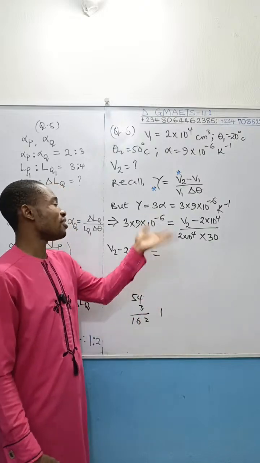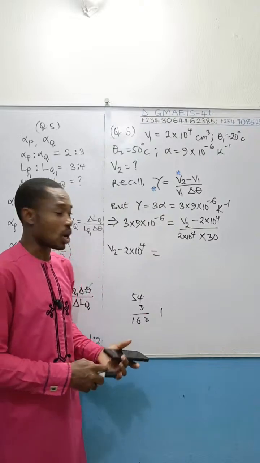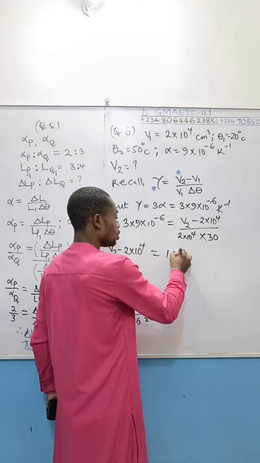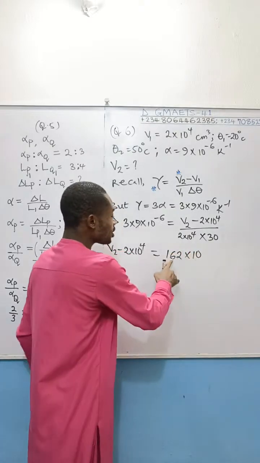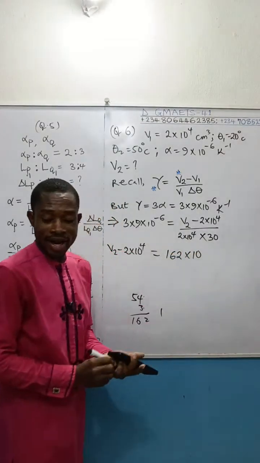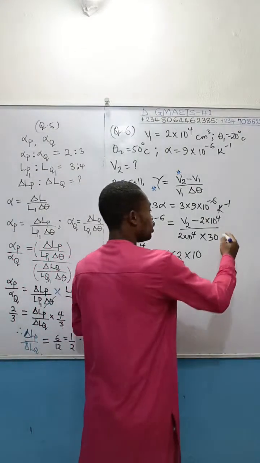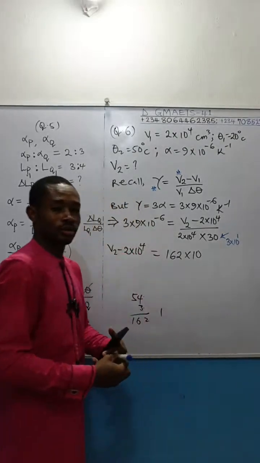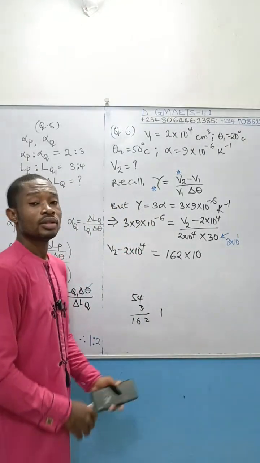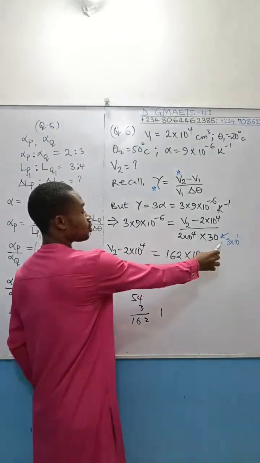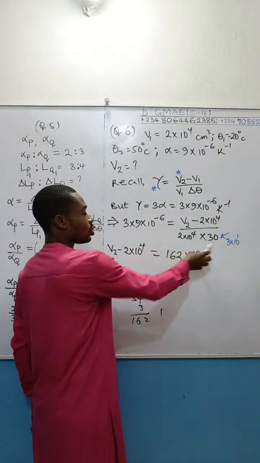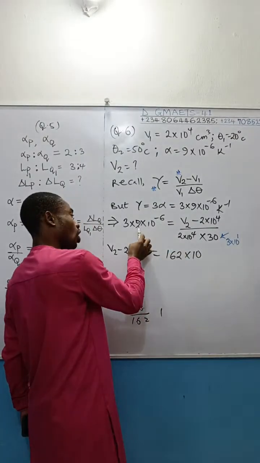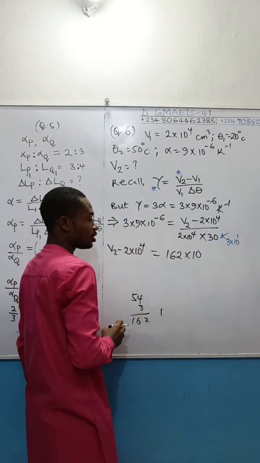Then multiply by 10 raised to the power, whatever you have there. Simplify your work. But like I said, I am going to work with 162 times 10. Remember, this 162 I got was when I broke down this 30 to 3 times 10 to the power of 1. That guy is the same as 30. So 2 times 3 is 6, times 9 is 54, times 3 is 162.